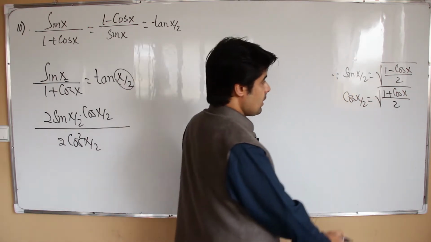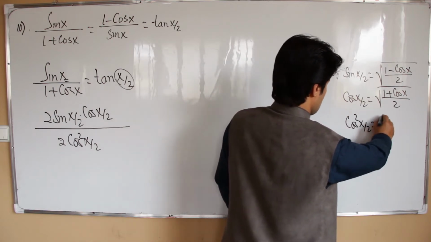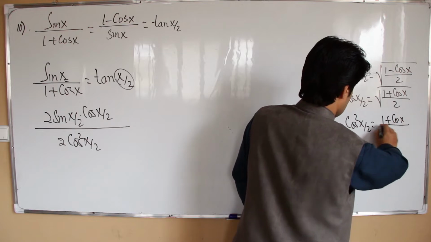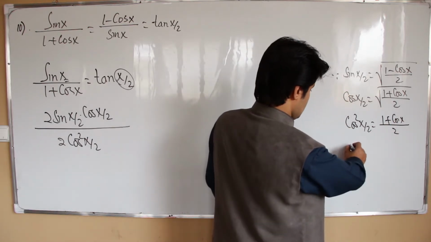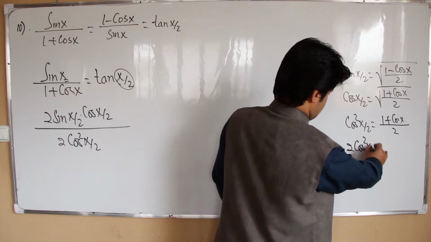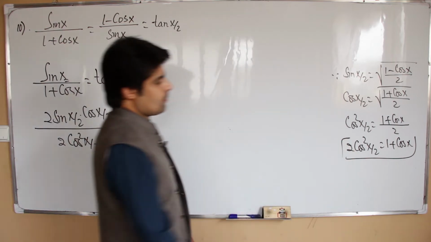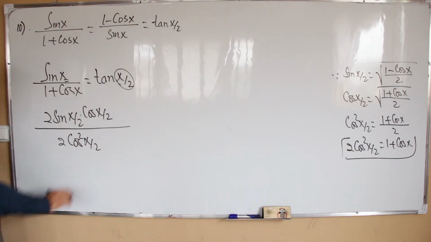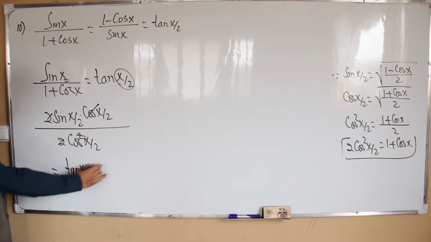Now from here, if you square this formula, you will have cosine square x by 2, 1 plus cosine x divided by 2. Now multiply both sides with 2, you will have 2 cosine square of x by 2 is 1 plus cosine x. Am I right? Yes. So this is cancelled. This is also cancelled. Sine by cosine, tangent of x by 2.